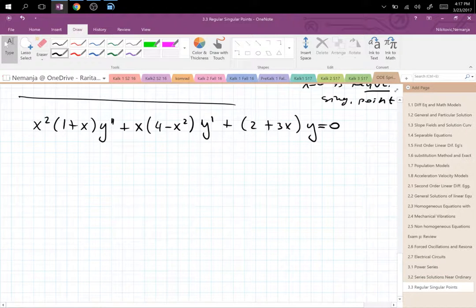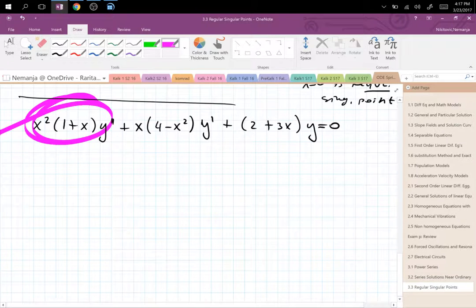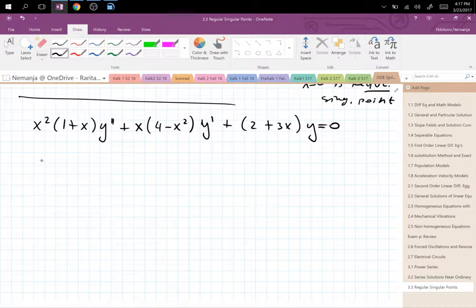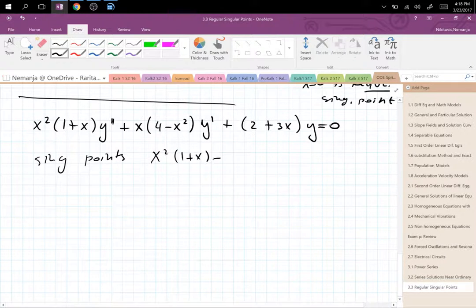One is at 0 and one is at -1. Do we all see that? Singular points happen when a of x is equal to 0, right? So singular points are x squared (1 plus x) equal to 0, from where x is equal to 0, x equals -1. So we have two singular points here.